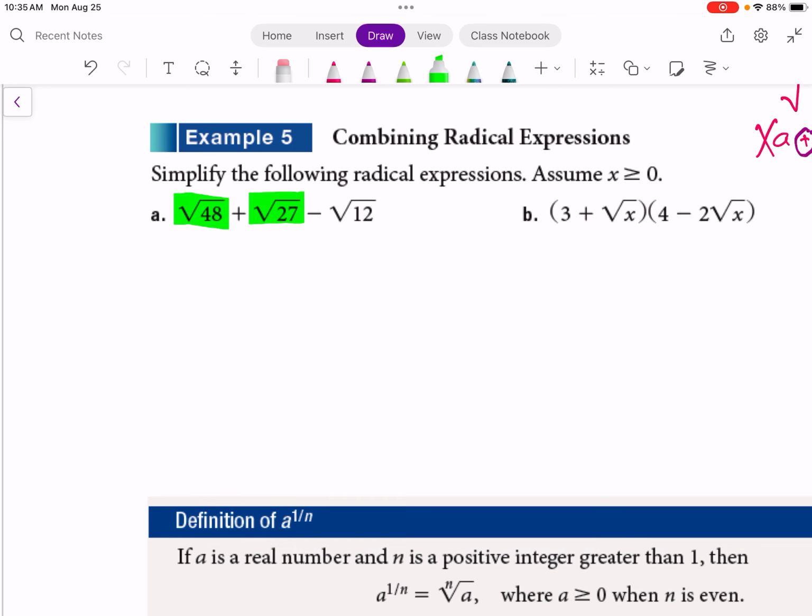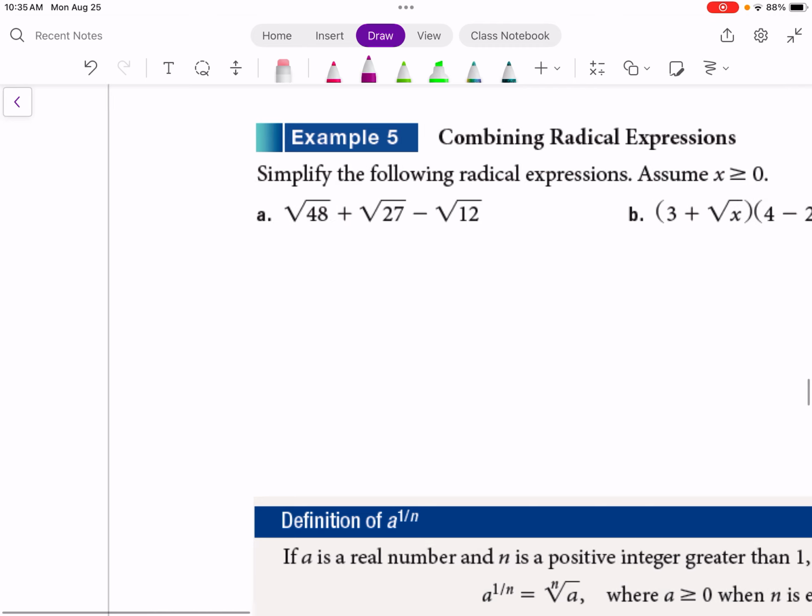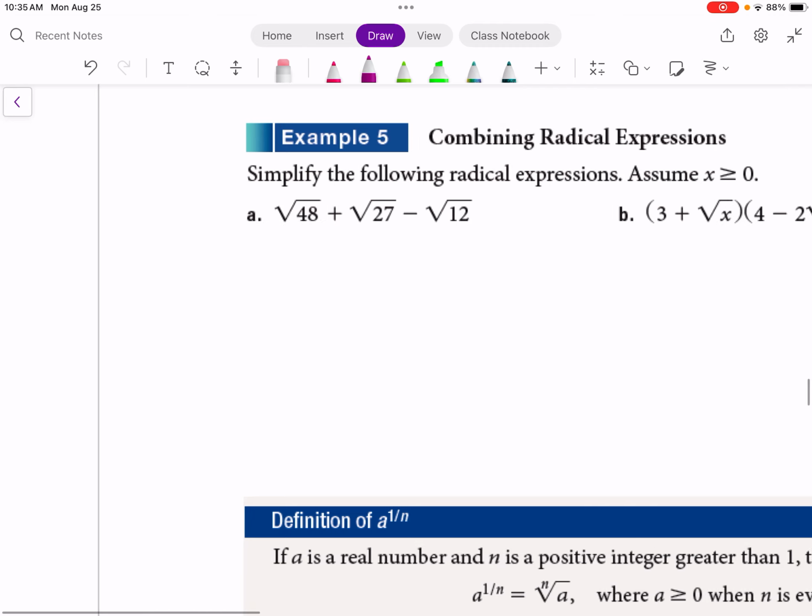Okay, so we have 48. Let's start by writing 48 as a product of prime numbers. What is the smallest prime number that divides 48? 2, right? So 2 times 24.